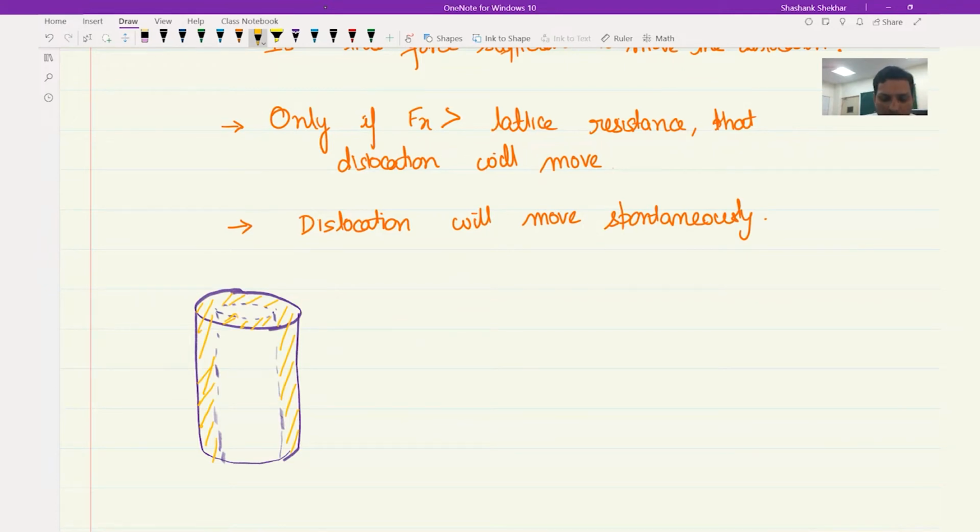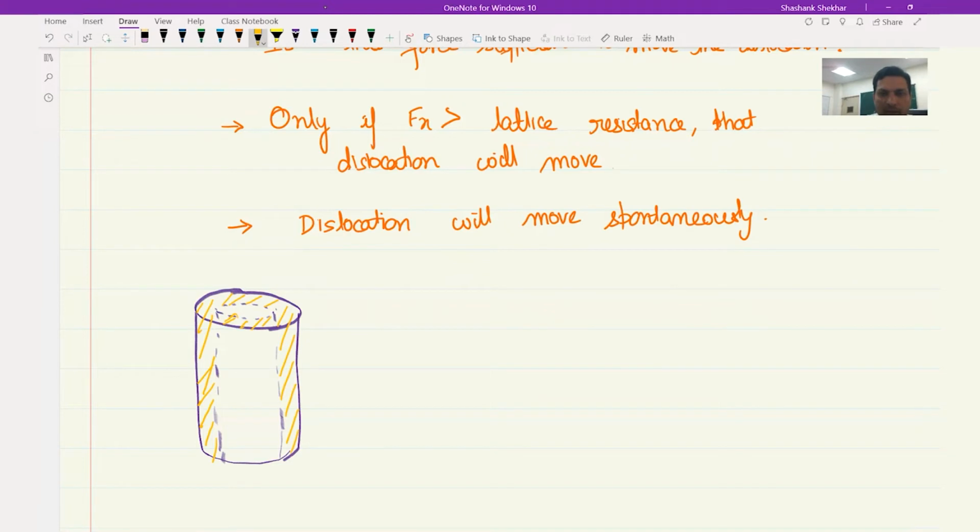And how did it become free of the dislocation? Because here the force acting on the dislocation was higher than the lattice resistance. So the dislocations moved out, and hence this system becomes free of the dislocation in this region.